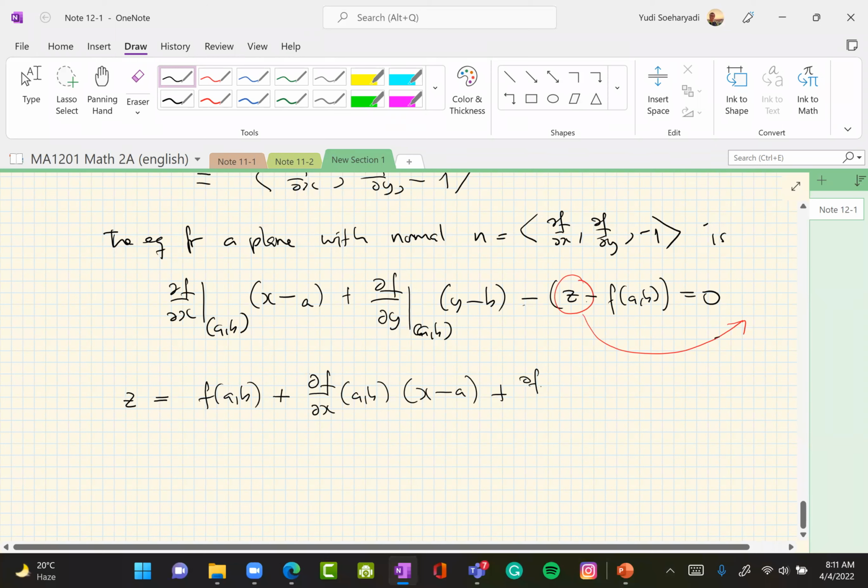Plus df dy. That's why I prefer not to confuse with the multiplications. This is computed at a comma b, plus df dy.